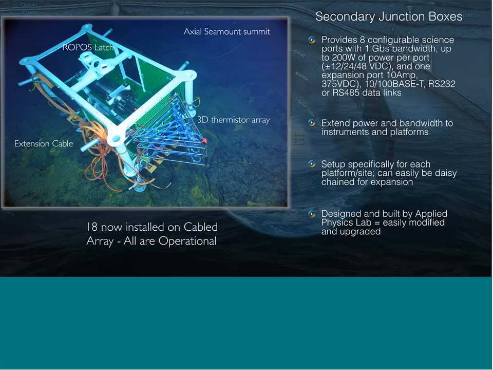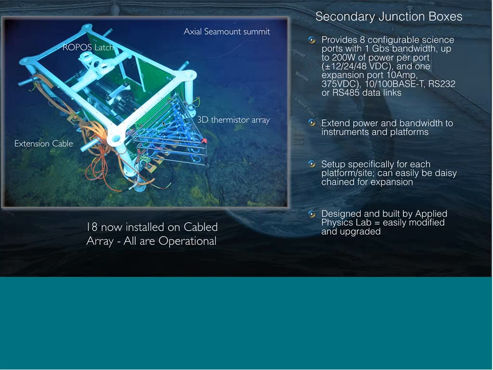This is the secondary nodes. They were designed with a lot of input from ROPOS, the Canadian Scientific Foundation, and they installed all of our secondary infrastructure and did a year of operations and maintenance with us.